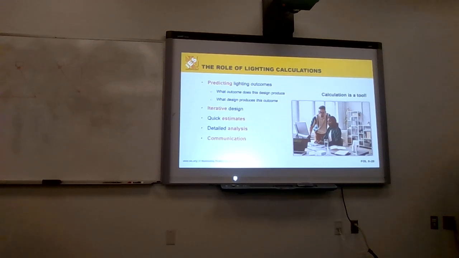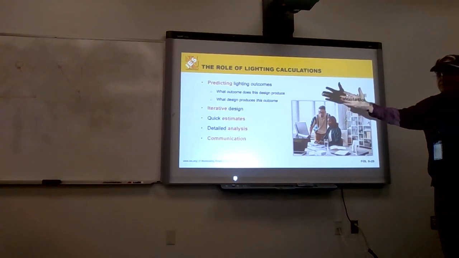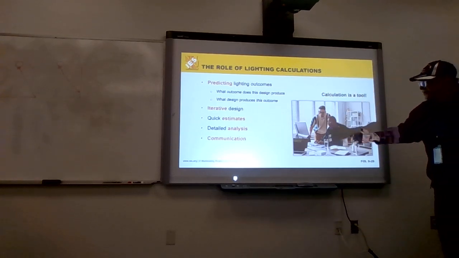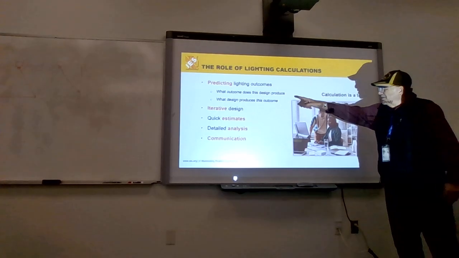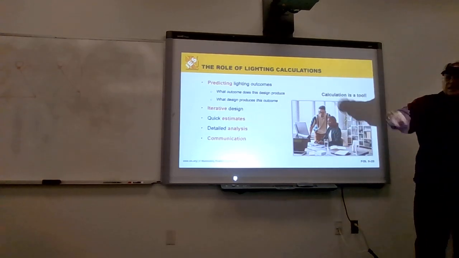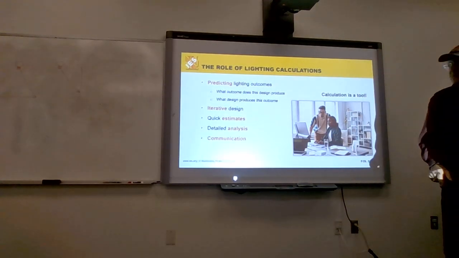The role of light calculation is to predict light outcomes. What outcome does this design produce? What design produces this outcome? More simply stated, what outcome does this design produce? How many foot candles am I going to get?